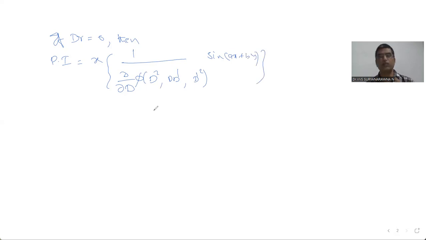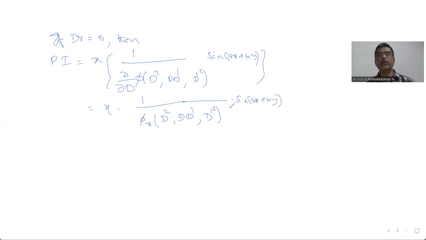Okay, understood? That means by differentiating with respect to d partially, we will denote that with phi suffix x. Differentiating partially with respect to d. So phi, when operated by dou by dou d, we'll treat that as phi x. It is to be operated on sin ax plus b.